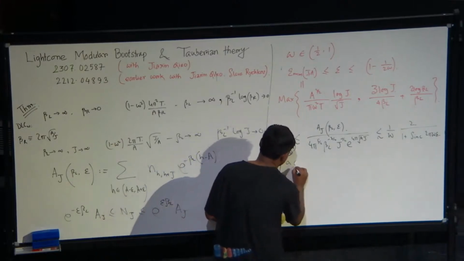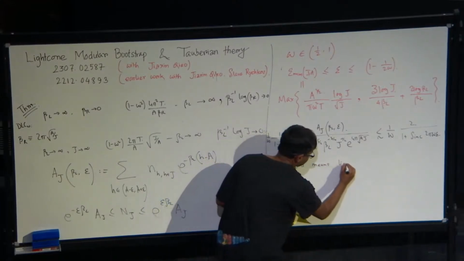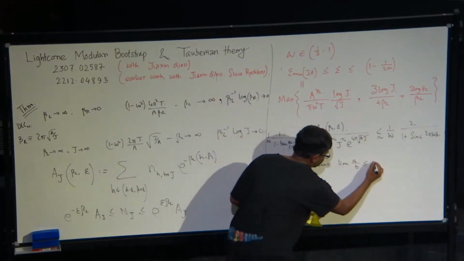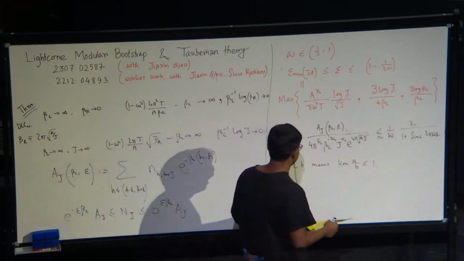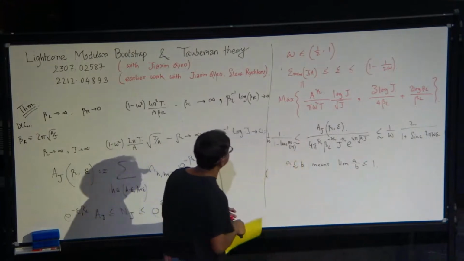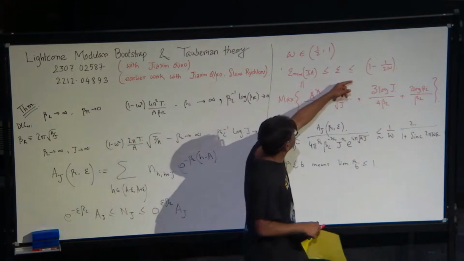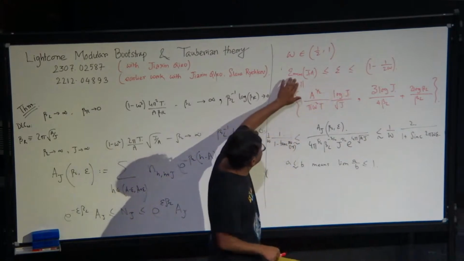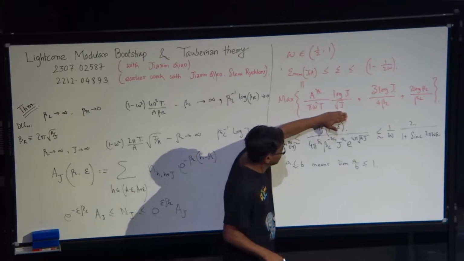where by this symbol I mean that the limit a over b is less than or equal to 1. And so the idea is that as j goes to infinity and epsilon is within the range, note that the minimum value of epsilon is log j over square root j, so this goes to 0.